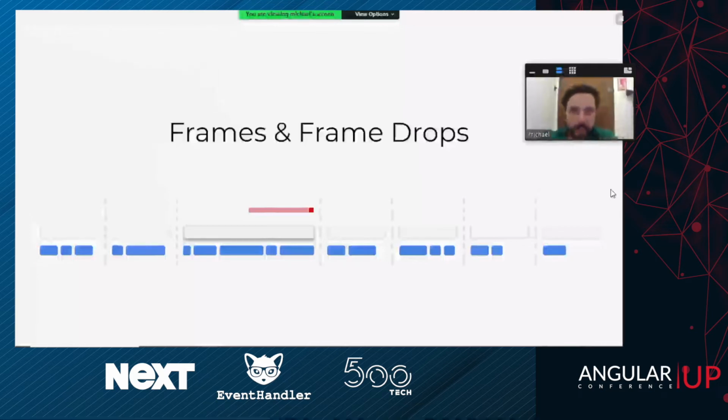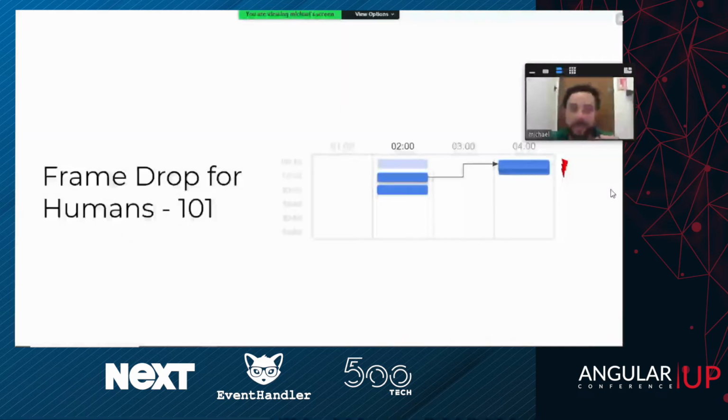You can see that here in the diagram, and this is, as I said, a very, very bad situation, because in that time the user cannot interact with the website. The user cannot do anything else but wait and wait until the browser is done. So to understand what a frame drop is and how you can produce one, let me give you some examples of my own life.